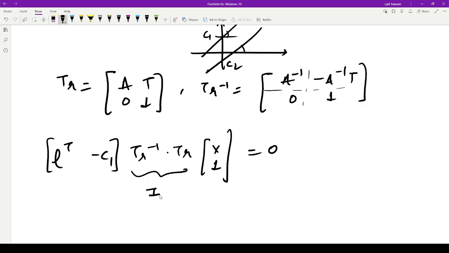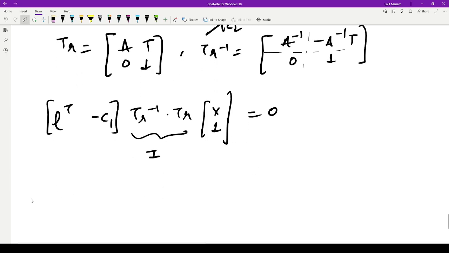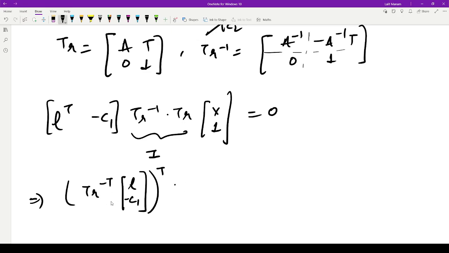Again, this will be identity as we saw earlier. So what does this look like? Transformation inverse transpose L minus C1, whole transpose, times this transformation into x and 1, right?